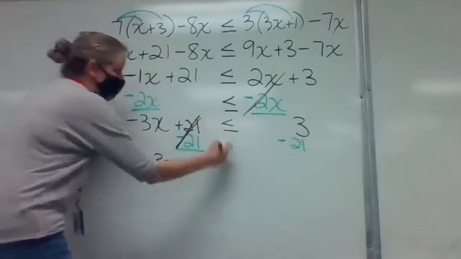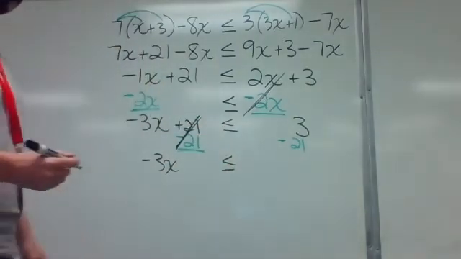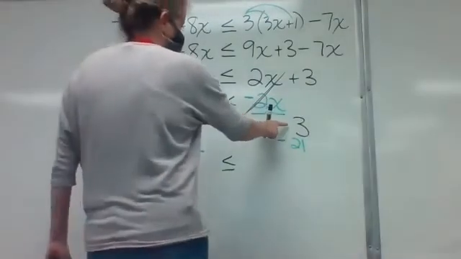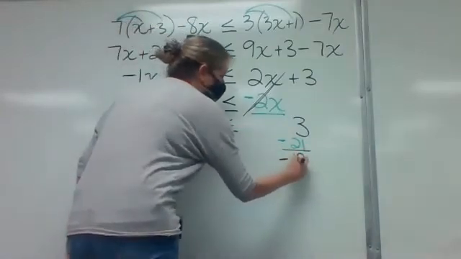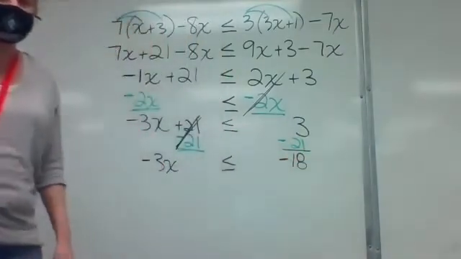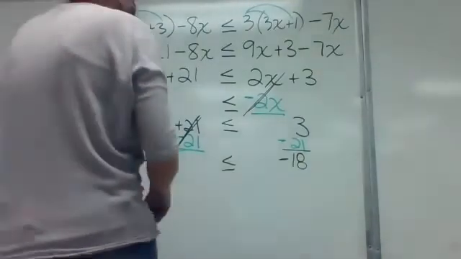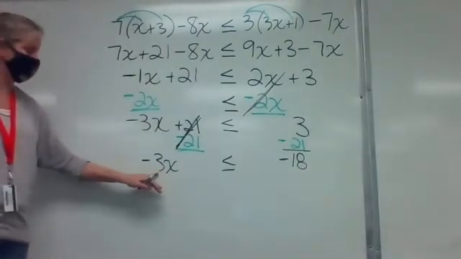I still haven't divided by a negative, so I'm still dropping down my symbol and not changing it. Let's see, over here, 3 minus 21 gives me negative 18. Punch that in if you don't like it. 3 minus 21. So now what am I dividing by? What is hooked on?